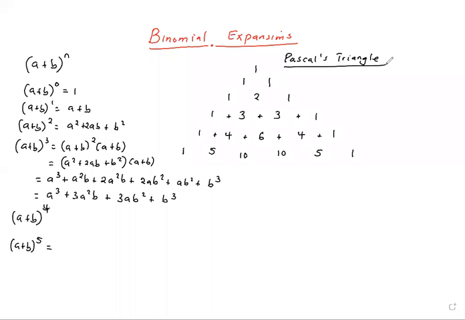Now we go back and see how we're going to be getting those coefficients. When it was power 0, we just got 1. When it was A plus B to the power 1, we had A to the power 1 plus B to the power 1. There we could not understand anything when it comes to the powers. A plus B squared, we had A to the power 2, and the next term, A was to the power 1. And then B appeared to the power 1, then B increased to the power 2.